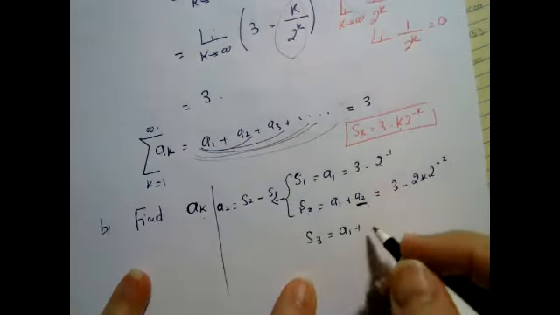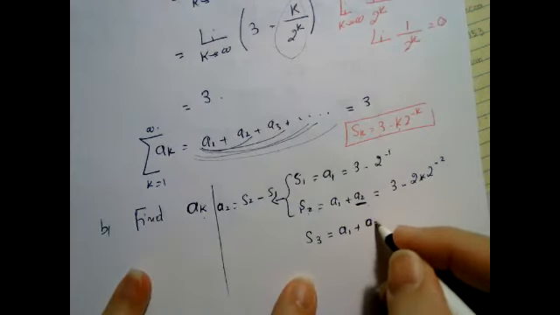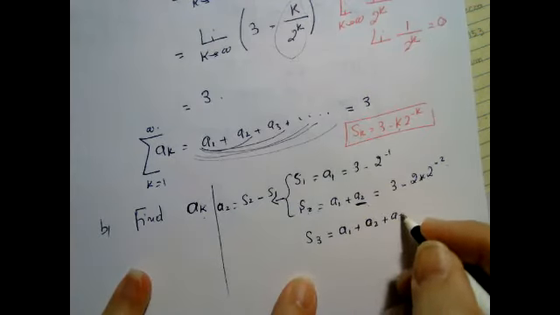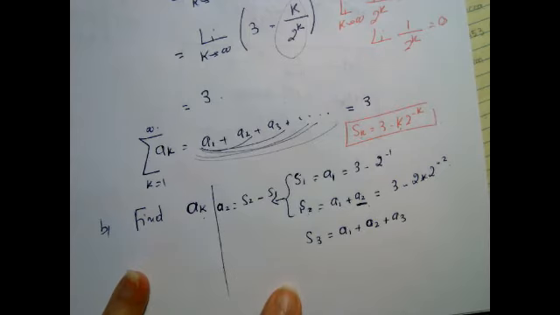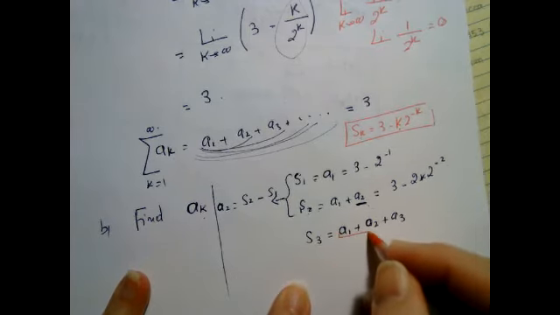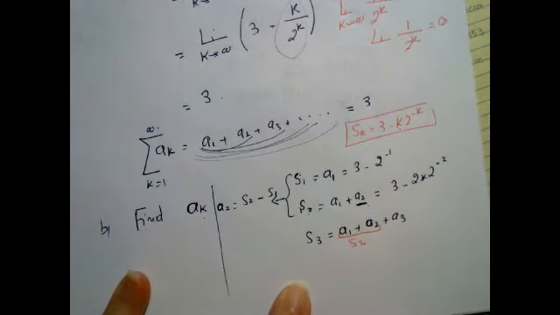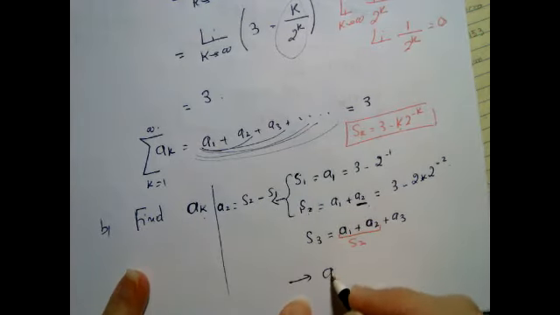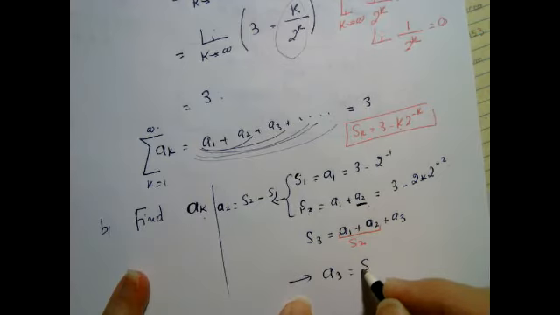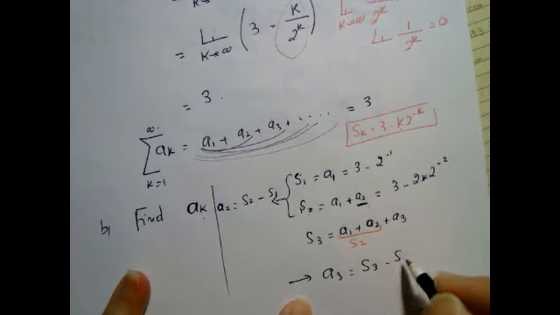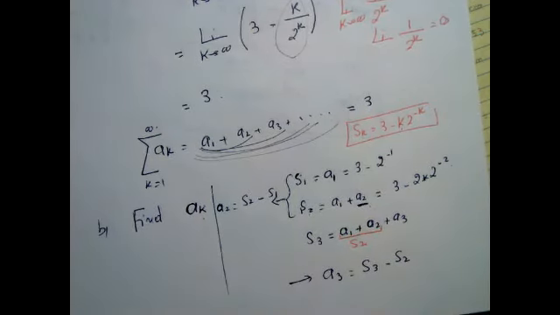What about S3? It's a1 plus a2 plus a3. Now, a1 plus a2 is S2. So a3 is nothing more than S3 take away S2. That's how the sum is working.